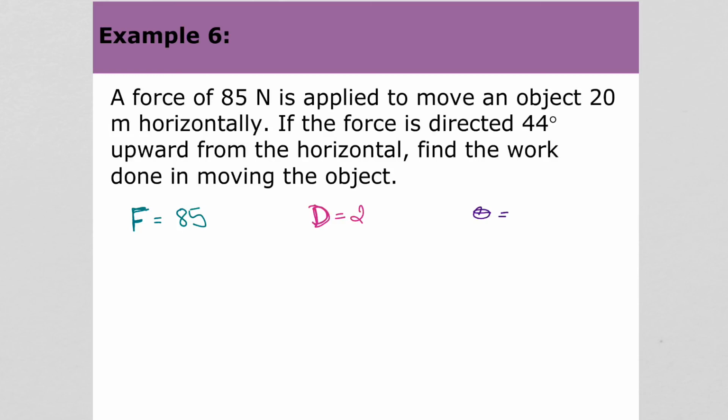So that's 20i, because i is the horizontal axis with vectors. And 85 is the vertical aspect here. So there's your force vector, 85j, and your displacement vector, 20i. And then your angle, of course, is 44 degrees, just like it says.